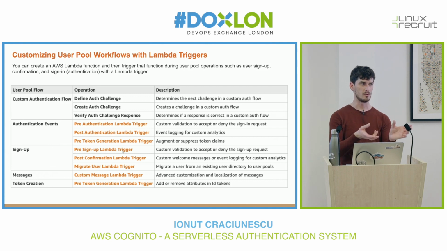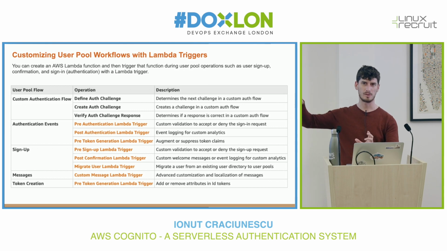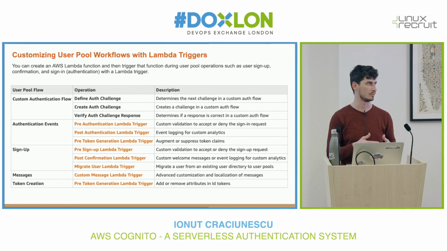Or if the user logs in with an email address ending with gmail.com and you want that user to be in a group, give it a specific access, you can use a pre-token generation Lambda trigger, add him to the group. Then the token will be generated and will contain user group membership, and that can be used by the app later on to give him access to parts of the application where it needs to use.